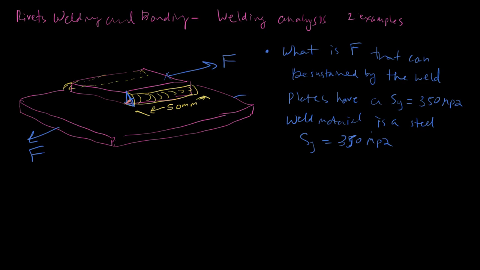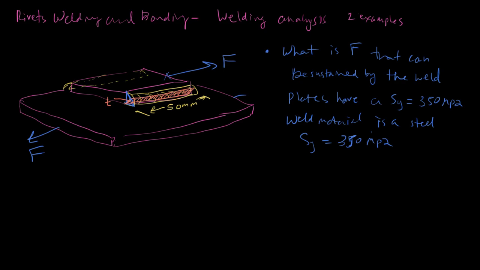That's this distance, T. That's the throat of the weld. And we know that if we have this loading condition with these forces, this is our shear plane here, and that force is going to be picked up by this area on the sides, and it's going to be in pure shear.